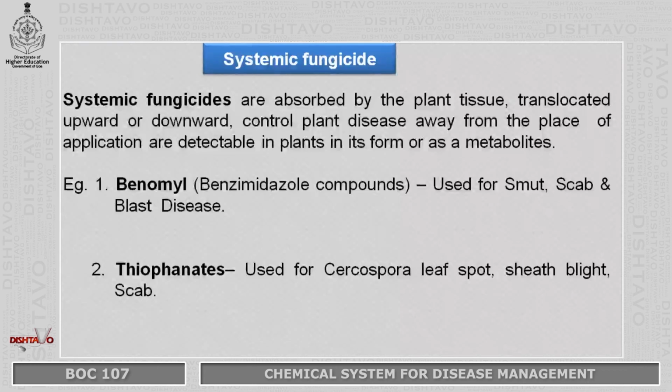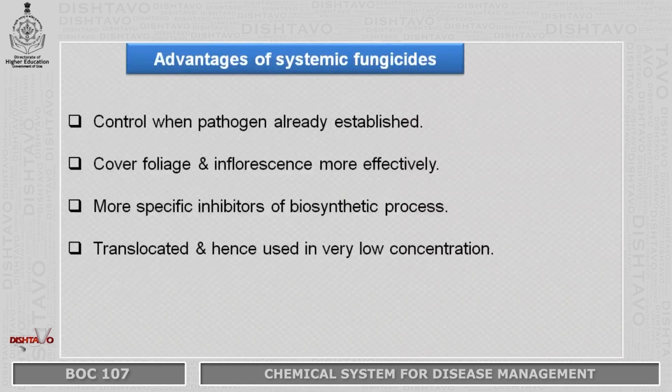Then we have thiophanate, which is used to control the pathogen Cercospora, which causes the leaf spot, leaf sheath blight and the scab disease. Now, what are the advantages of systemic fungicide? They control when pathogens are already established. They cover the foliage and inflorescence more effectively. They are more specific inhibitors of biosynthetic process. They are translocated and hence used in very low concentration.